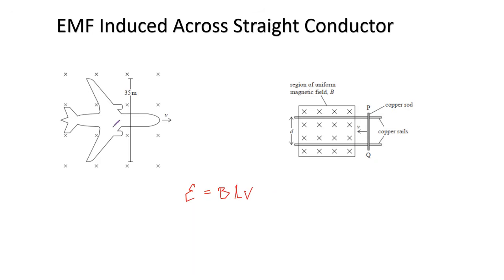If the magnetic field strength, or magnetic flux density, B, is given, this is the length in this question, and this is the length, D, in this question. You just plug in the values and you'll get your answer. Always remember, EMF induced across a straight conductor moving through a magnetic field is BLV.